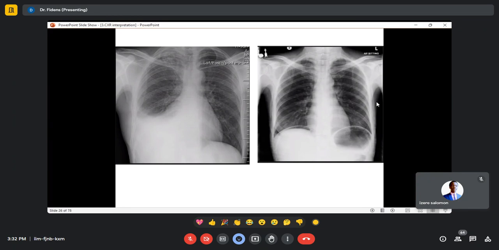Follow it: airway, bones, the heart, cardiac, lung fields, gastric bubble, though it is not important, and H is hemidiaphragm. On the airways, I'm saying that there is no problem.